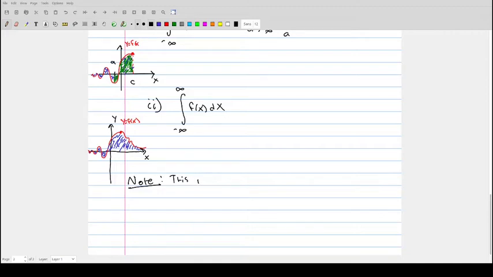This is actually not the same thing as the limit as L goes to infinity of the integral from negative L to L. So this is not the correct definition of the improper integral from negative infinity to infinity.